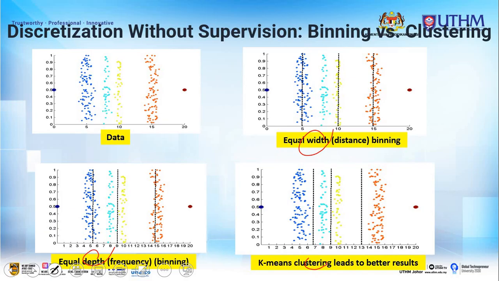It doesn't mean that if you have 20, it must be exactly 20, but you can have close to 20. And then the last one is k-means clustering. We obtain this through natural grouping, where the cluster is represented by its centroid and the data points are assigned to the nearest centroid.